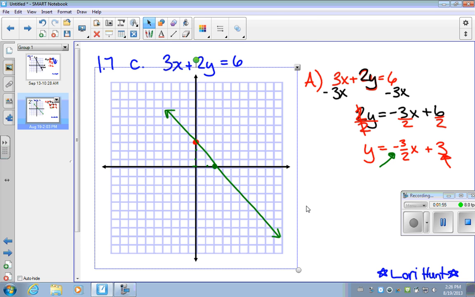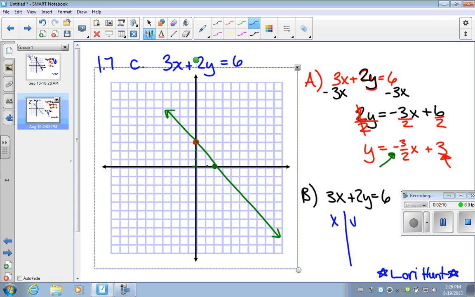Perfectly acceptable. The other way that you can use to graph this line, which a lot of students will use on something like this, is you can just draw an XY chart and pick some values to plug in for X, like maybe, I don't know, 0 and 4.